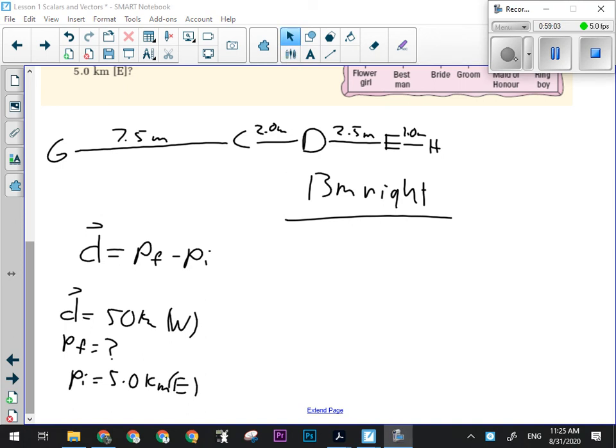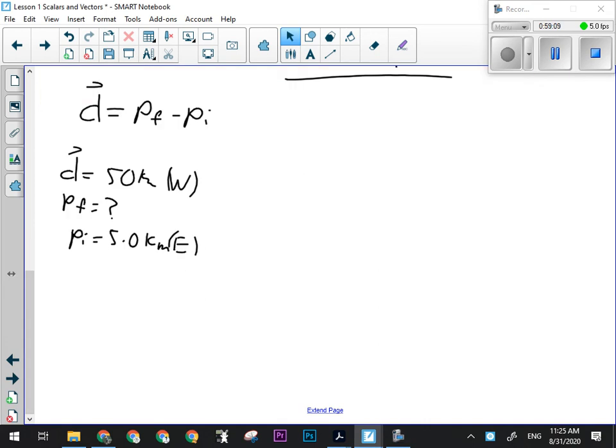Okay, so we have to do a little bit of algebra for this one. We know our formula is that the displacement is final position minus initial position. The question gives me displacement and initial position, so all I have to do is solve for final. So how do I move the initial position over to the other side? I add it. So my formula is displacement plus initial position equals final position.